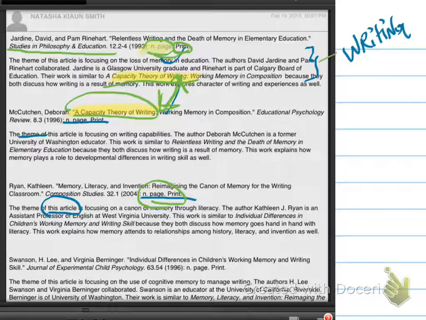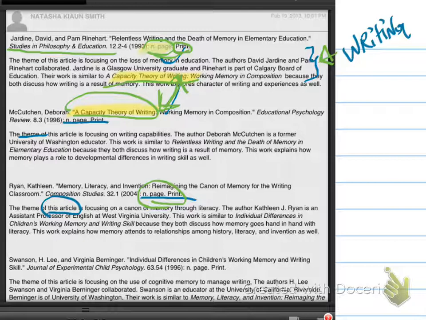All right, now I wrote writing here, and here's why. I'm going to read this to you, so hopefully it'll make sense. The theme of this article is focusing on the loss of memory in education. The authors David Jardin and Pam Reinhardt collaborated. Jardin is a Glasgow University graduate and Reinhardt is part of Calgary Board of Education. Their work is similar to a capacity blah blah blah because they both discuss how writing is a result of memory.